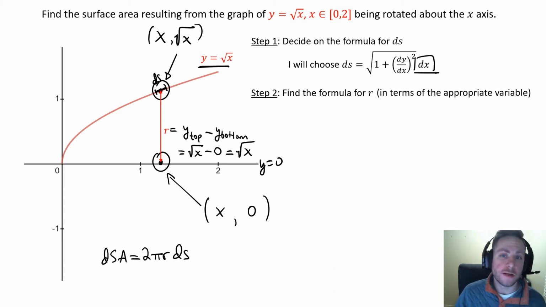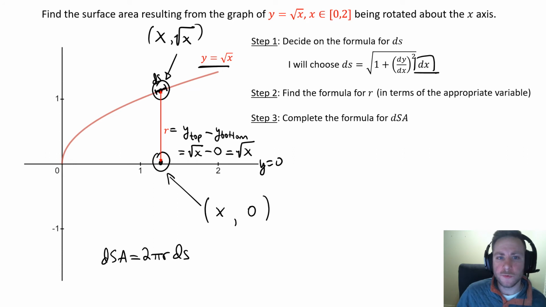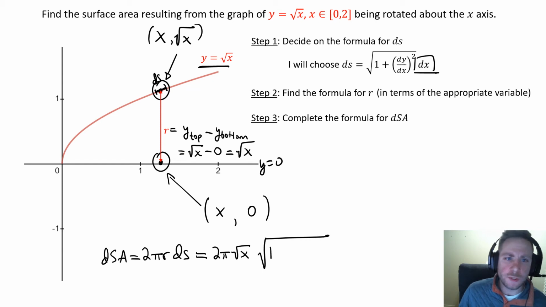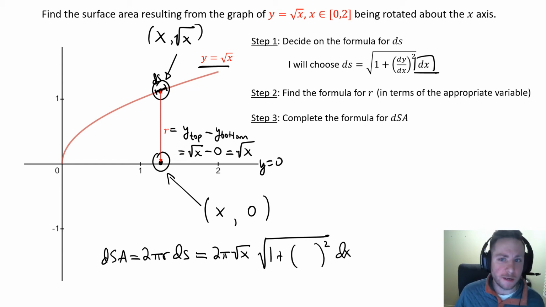Now we've got r expressed in terms of x, so we're done with step 2, and with that, we're ready to complete our formula for dSA. We've just found that 2 pi r is just another name for 2 pi root x, and for ds, we can sub in the formula we chose at the beginning.